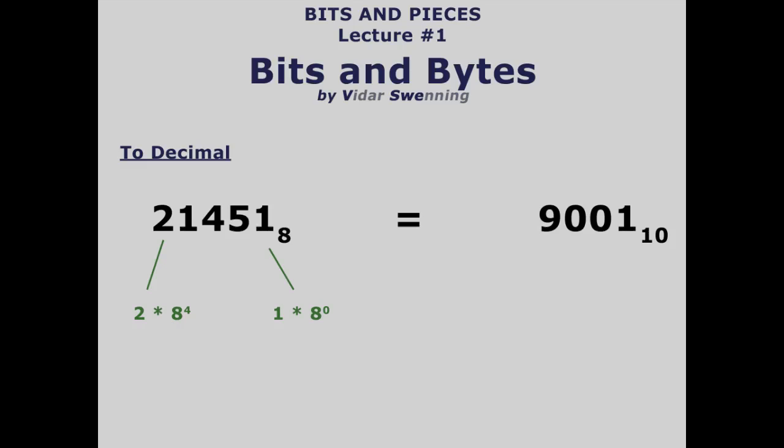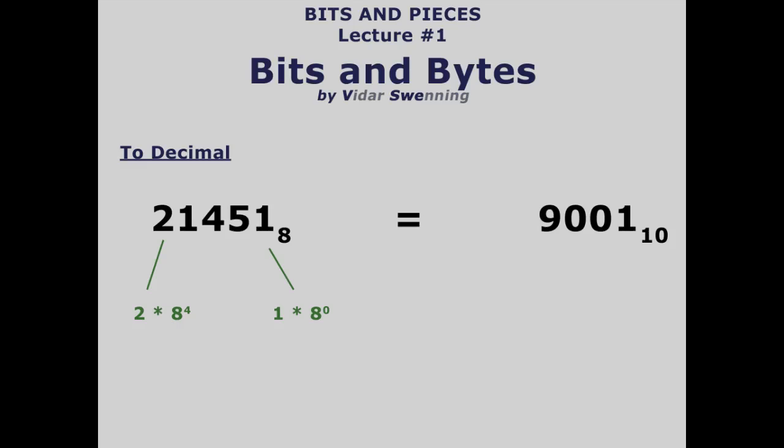So the first position is 0, and therefore we get 1 times 1 there, so that's worth 1, whereas the 2 is worth 2 times 4096. And if we add all of those digits together, the numbers times what the position is worth, then what we get is 9001.